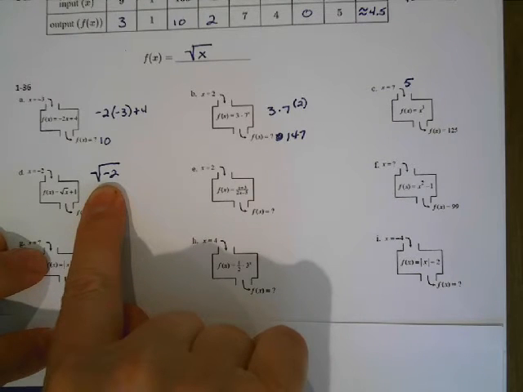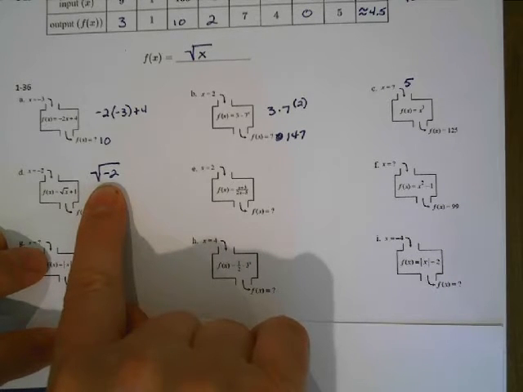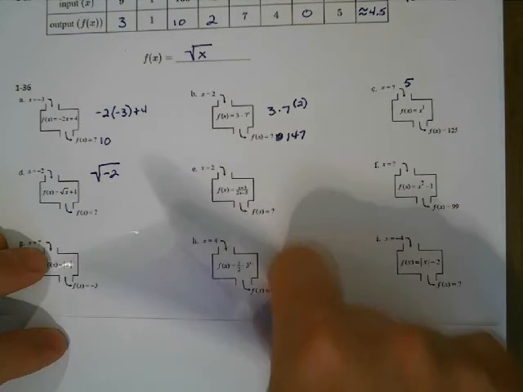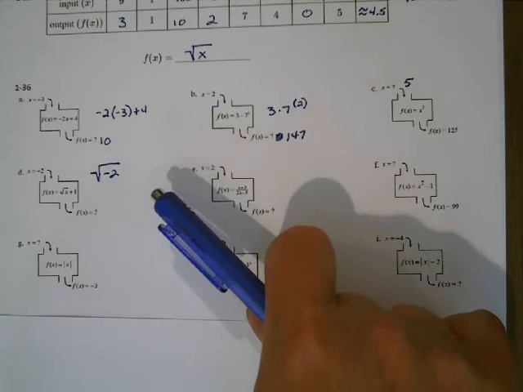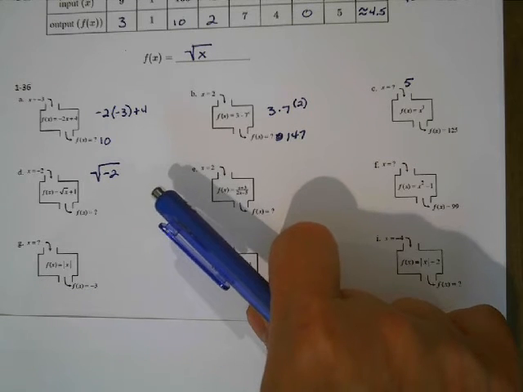Well, we've already seen on previous lessons that any time you multiply a number by itself, it's positive, not negative. So this is impossible. There is no number multiplied by itself that equals -2, at least not a real number. So we're going to have to say that this is not possible because you cannot take the square root of a negative number. So there is no output.